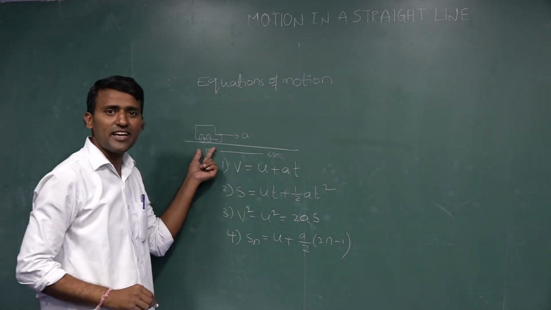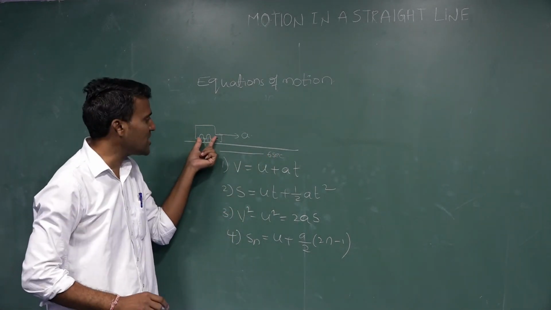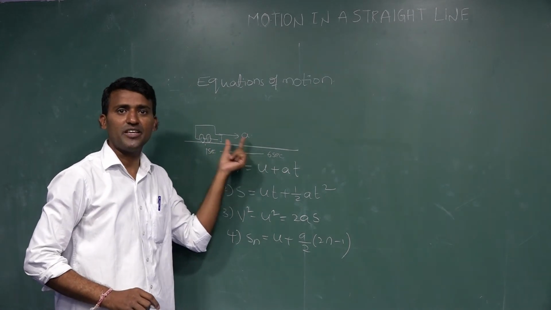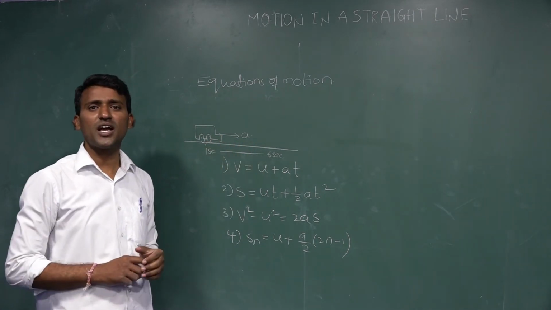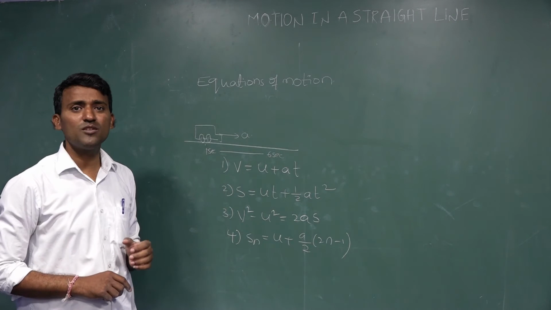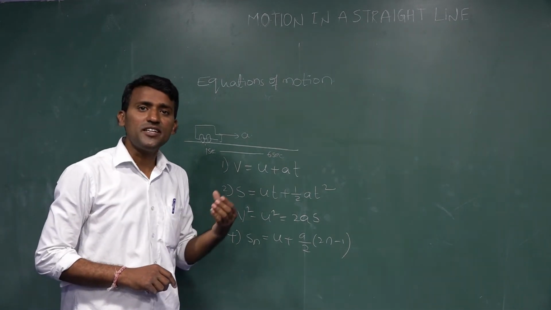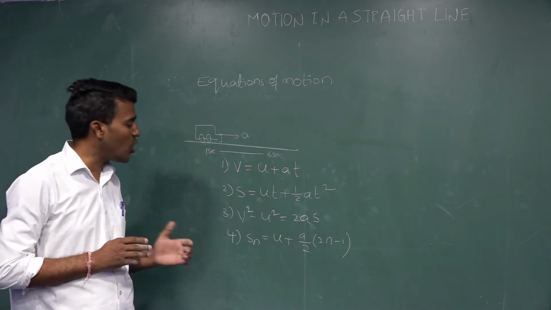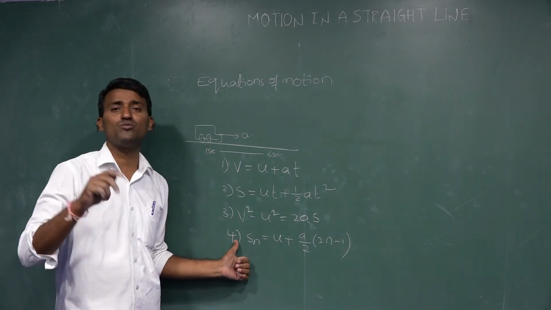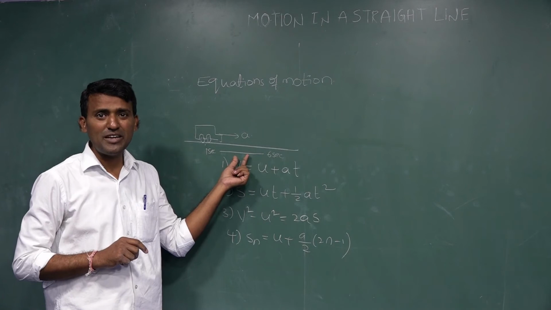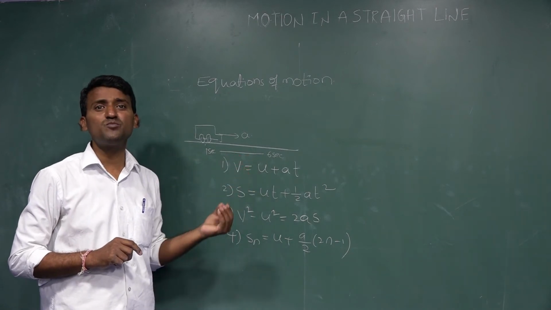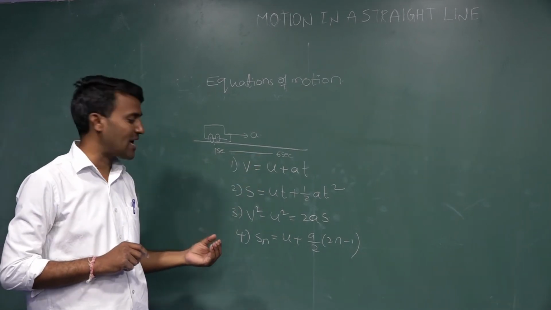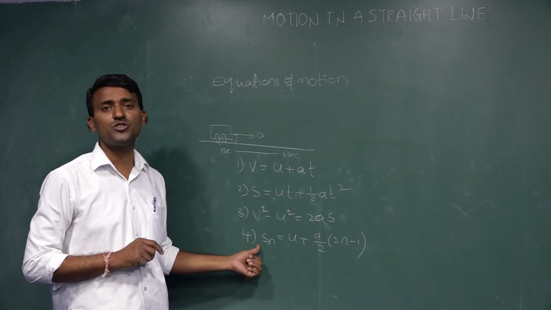Each and every second, this vehicle covers some displacement. For example, in the 5th second, what is the displacement covered by the particle? If you want to calculate it at any particular instant, we have to use the 4th equation of motion.